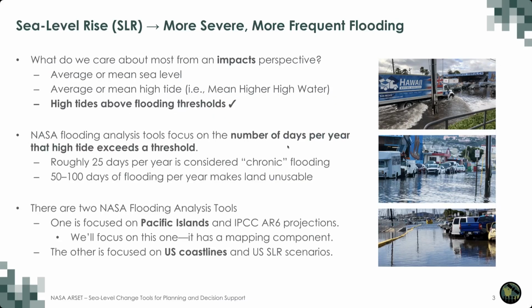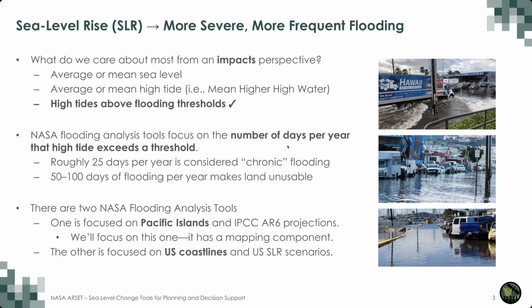So we care about those high tides above flooding thresholds. And so what we want to do in this tool that I'm going to describe for you is we want to focus on the number of days per year that high tide or the highest water level of a day will exceed some threshold.